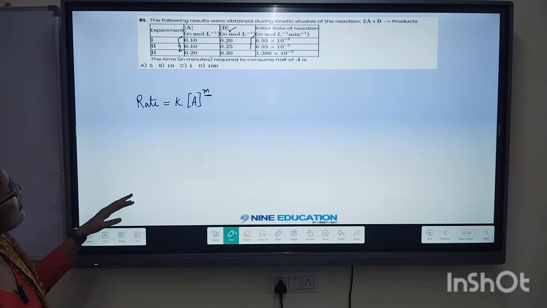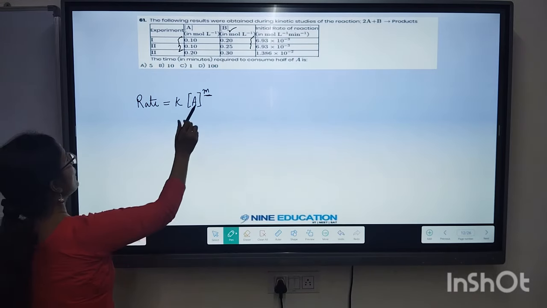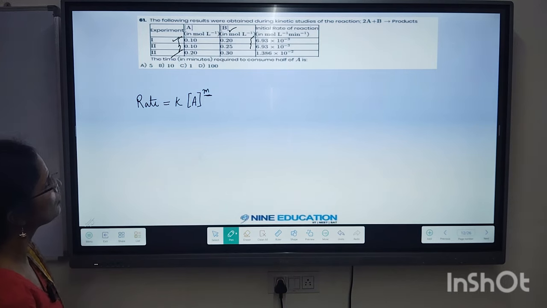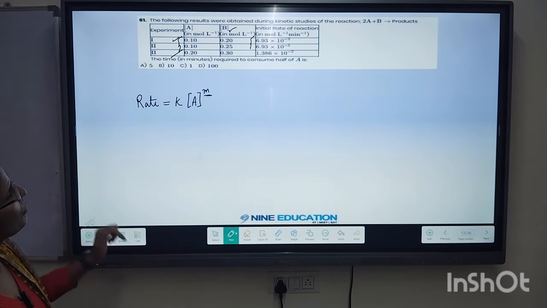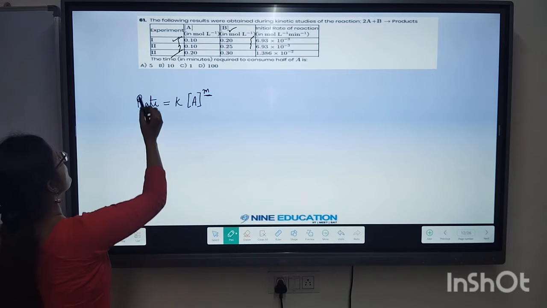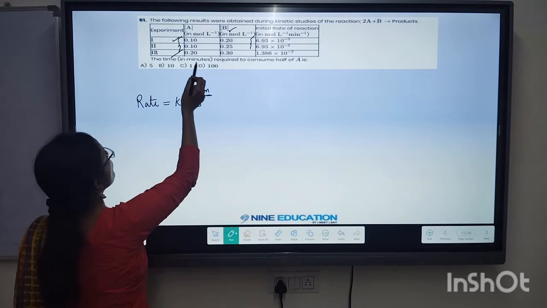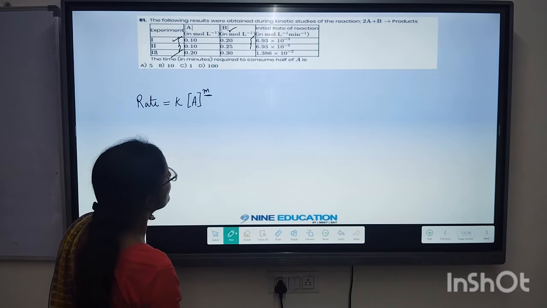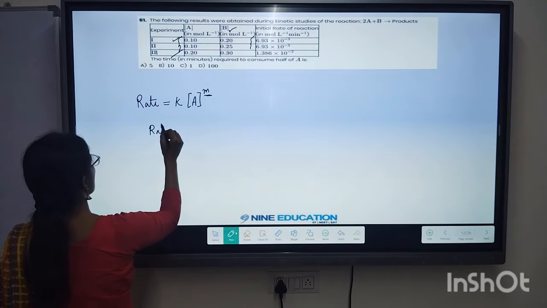Now, in order to find M, we can take help of the first and third experiment. In the first experiment we have concentration 0.1 and the initial rate is 6.93 into 10 to the power minus 3. In the third experiment we have 0.2 as our initial concentration and the rate is 1.386. So can I write it like this?